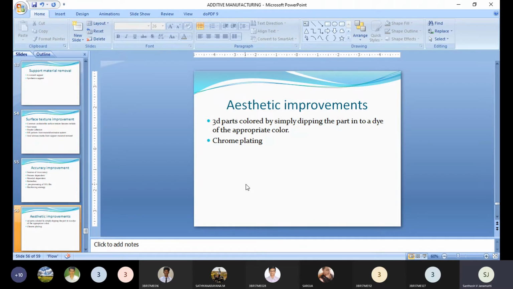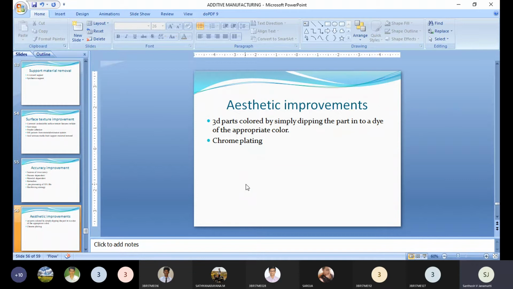So chrome plating has two reasons. One is that it looks aesthetically very good, and there will be performance also, because once we do the chrome plating over the 3D product, its wear resistance capability will be improved.